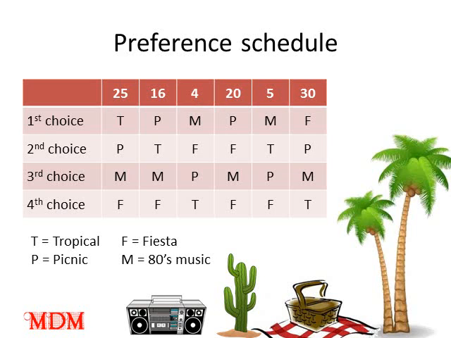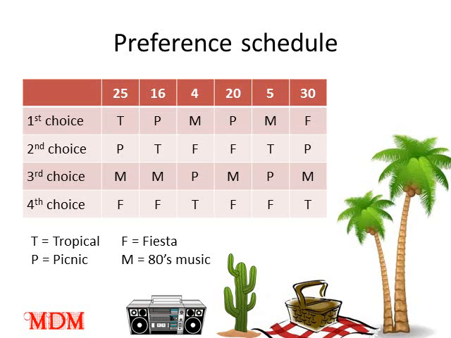As we look at this table, it gives us some information very quickly. Notice that fiesta was voted as a first choice by only 30 people. Notice also that it was the fourth choice for 25 plus 16 plus 20 plus 5. So for 66 people out of 100, it was the least favorite choice.